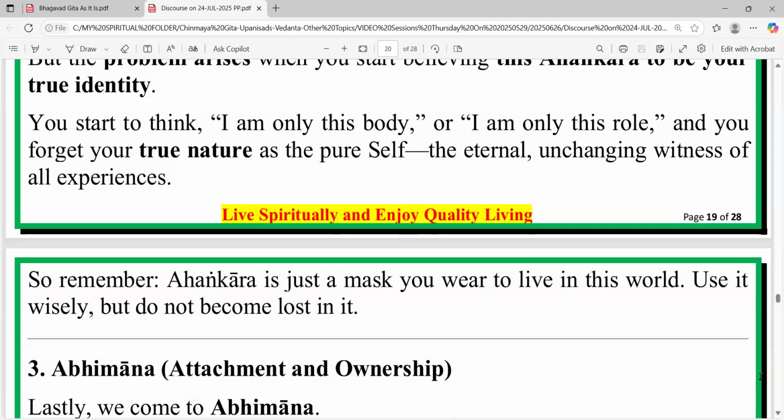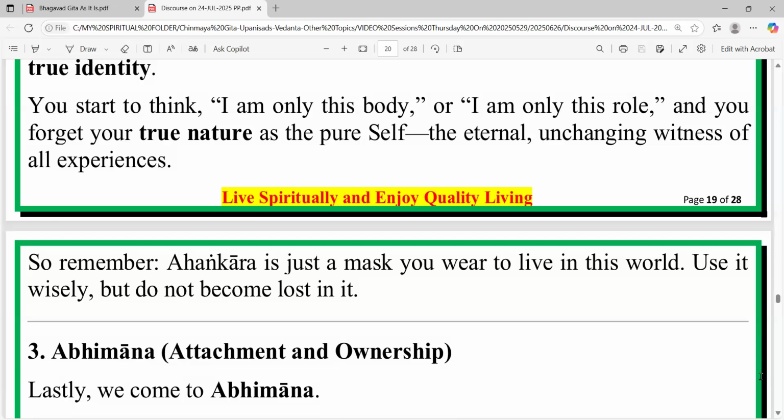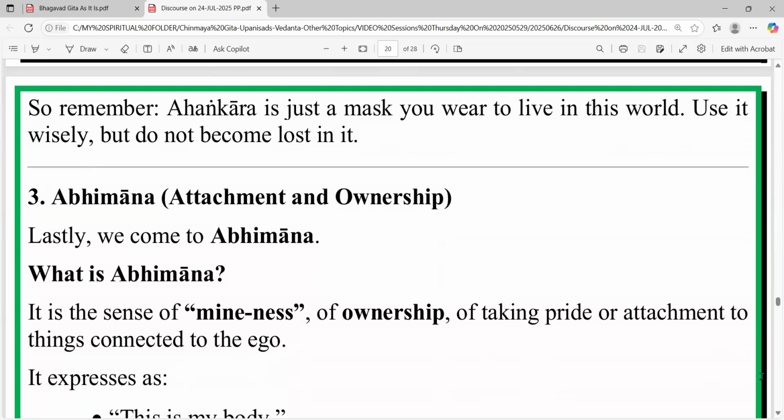You start to think, I am only this body or I am only this role, and you forget your true nature as the pure self, Atman, the eternal, unchanging witness of all experiences. Therefore, remember, Ahankar is just a mask you wear to live in this world. You need to use it wisely, but do not become lost in it.